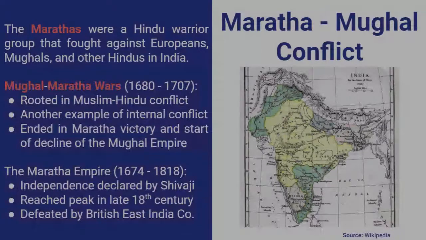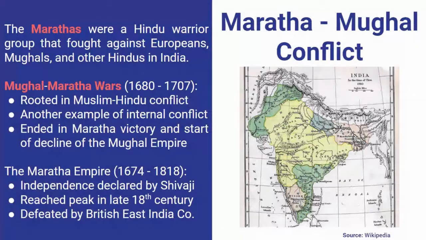I mentioned earlier the Maratha-Mughal conflict. Remember, the Marathas were a Hindu warrior group. They end up taking over most of India from the Mughals, and then they're going to be in charge until they're ultimately defeated by the British East India Company. Remember what I said earlier, though: toward the end of that, the Mughals allied with the French end up having to cede other territory to the British.